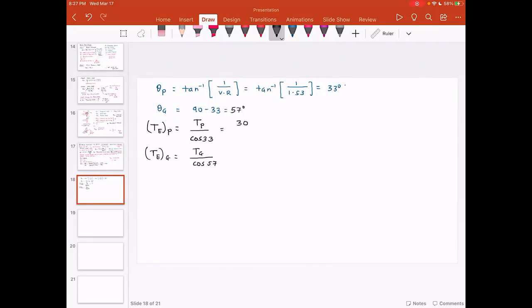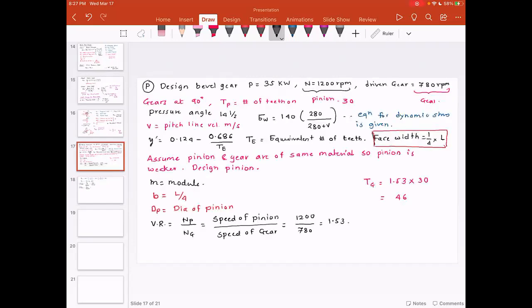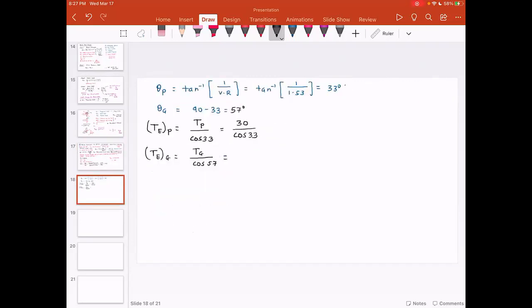So 30 divided by cosine of 33, 46 divided by cosine of 57. So this gives me 35.8 and this gives me 84.4.